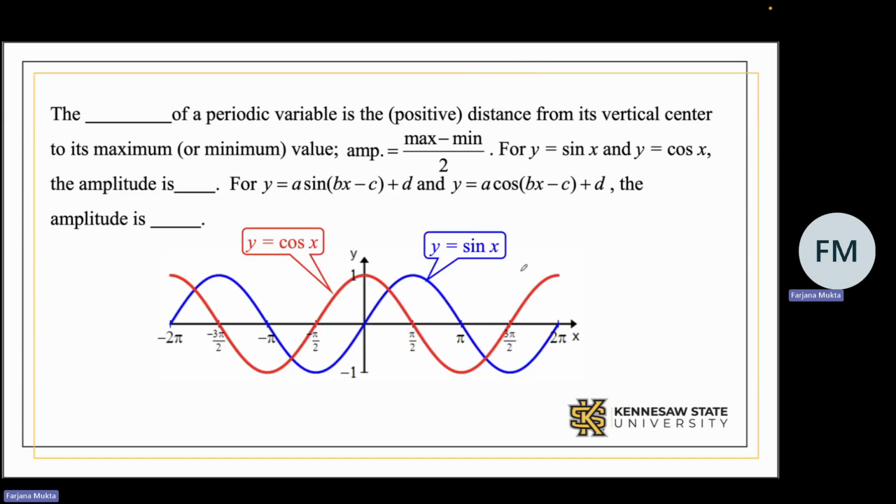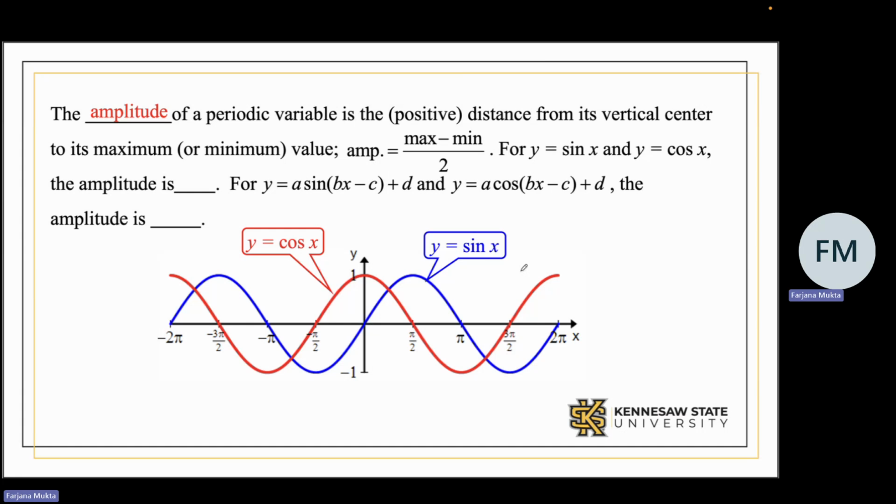Now, moving forward, we'll talk about some information in terms of the transformed trig functions that we have already seen. First of all, amplitude. What is that?